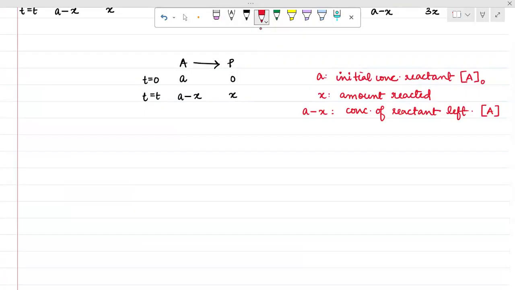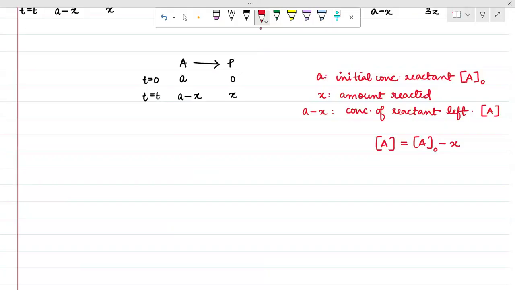So if I want a relationship between A naught and X based on the concentration, I can write it as: the concentration of A, that is the amount left, is equal to the initial concentration minus whatever was reacted.